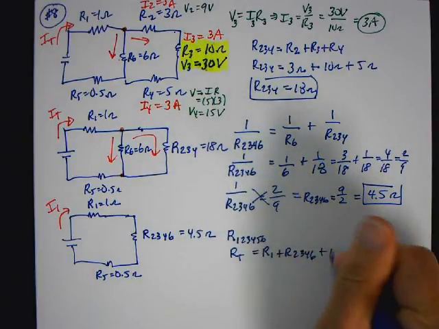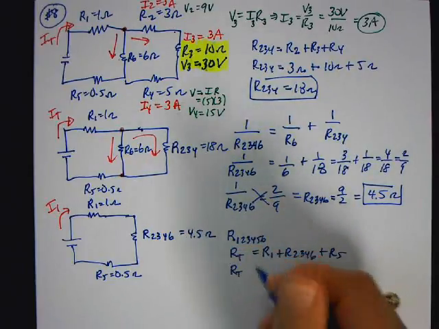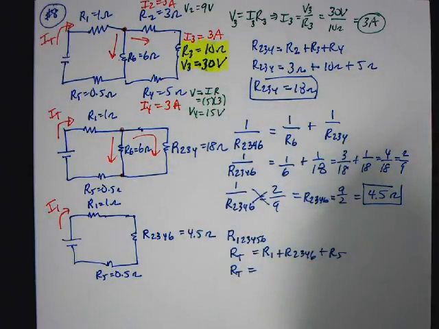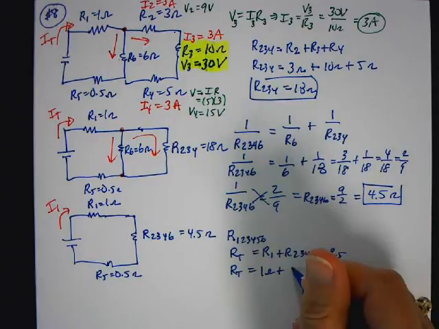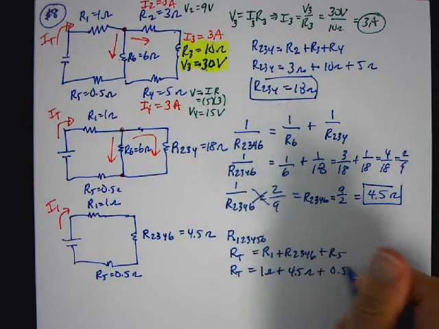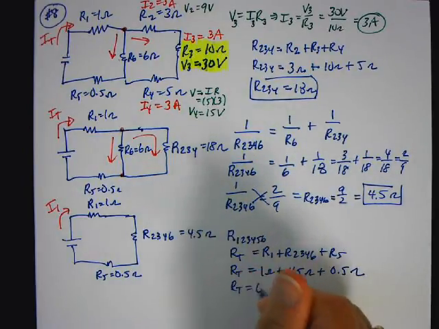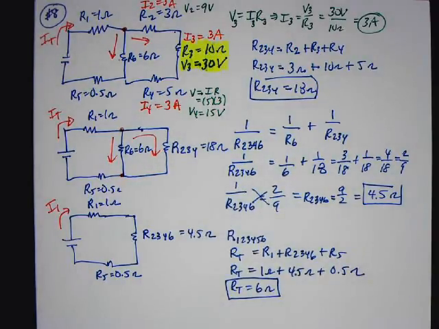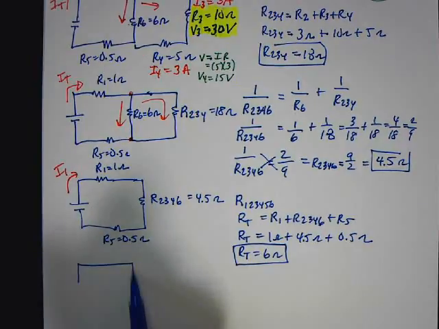So RT is equal to R1, which is 1, plus R2346, which is 4.5, plus R5, which is 0.5. So RT is equal to 6 ohms. And if I drew that, it would just be one resistor, RT, which is 6 ohms.